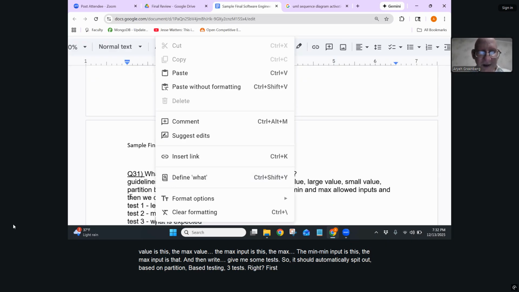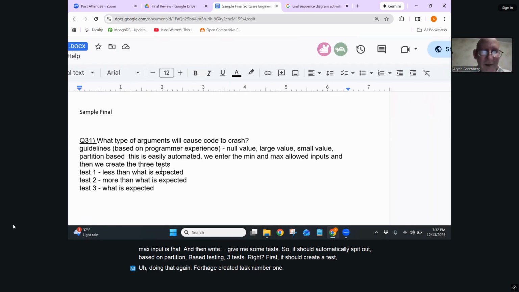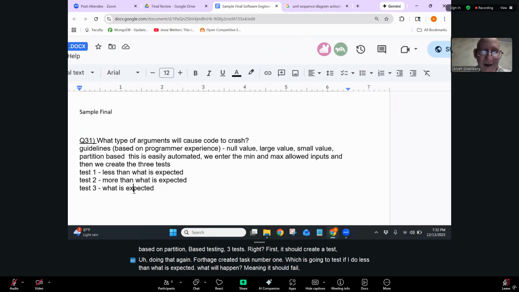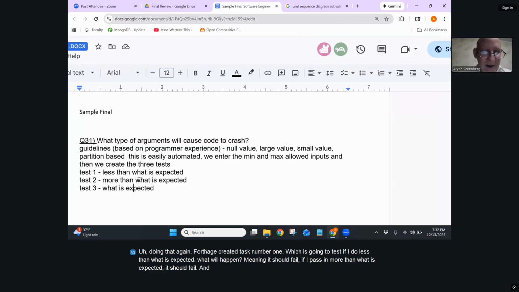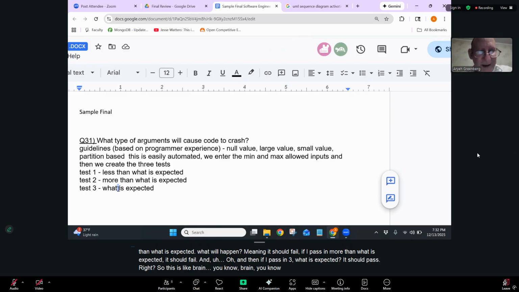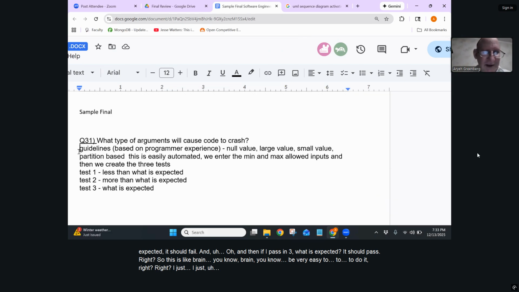First, test number one tests what happens if I do less than what is expected, meaning it should fail. If I pass in more than what is expected, it should fail. And if I pass in what is expected, it should pass. So this is very, very easy to do. These are actually two different things.